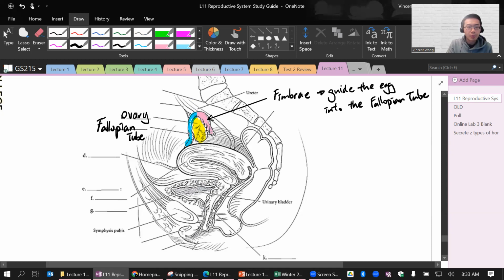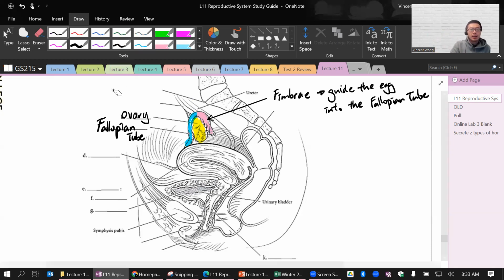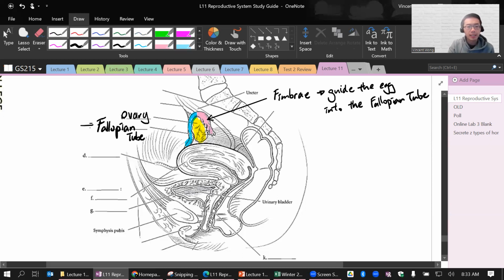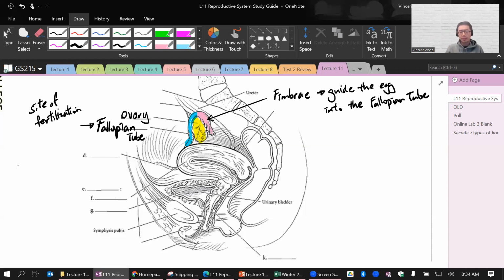And there are two, of course, one on each side, connecting the ovary to the uterus. The fallopian tube is the site of fertilization. That's where the sperm meets the egg and fertilizes it. If fertilization happens elsewhere, then there is a chance for ectopic pregnancy.